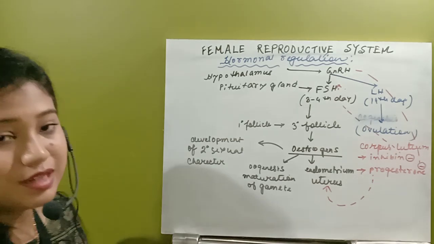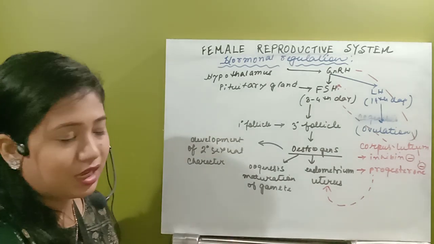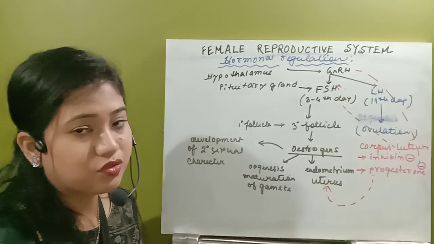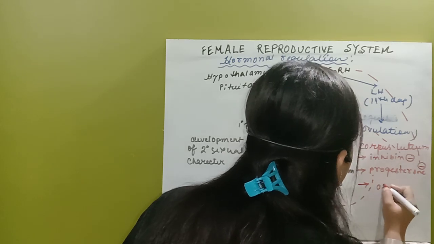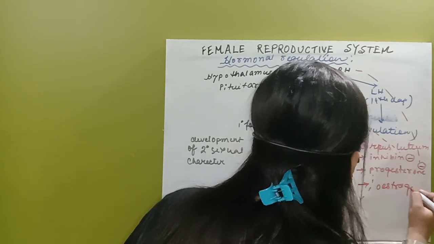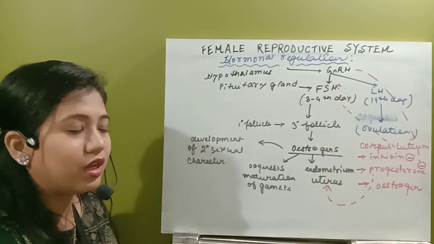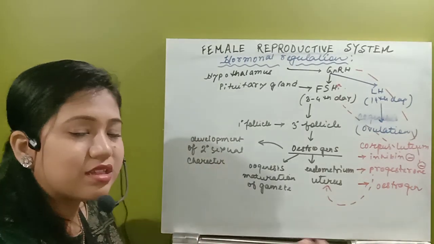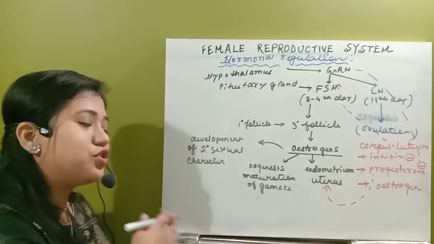So the endometrium will still be present in the uterine lining, preparing itself for implantation. And the last one, the corpus luteum will also release estrogen in a very small amount, but it will still be released. But gradually, as the secretory phase proceeds, this estrogen level will start to decrease.